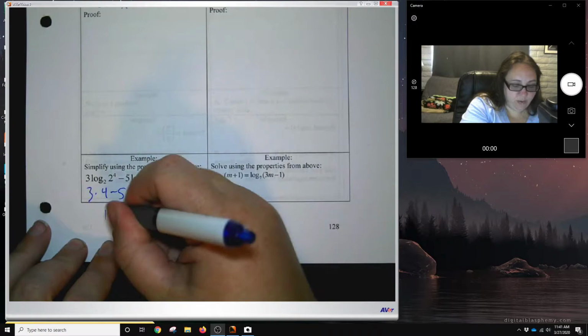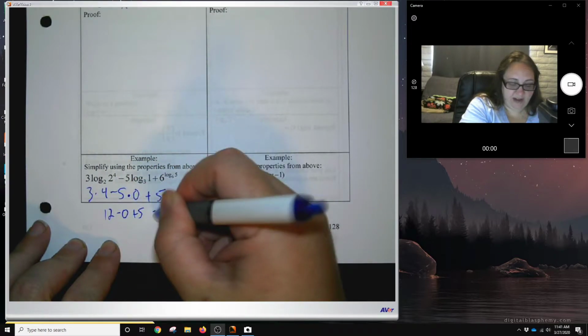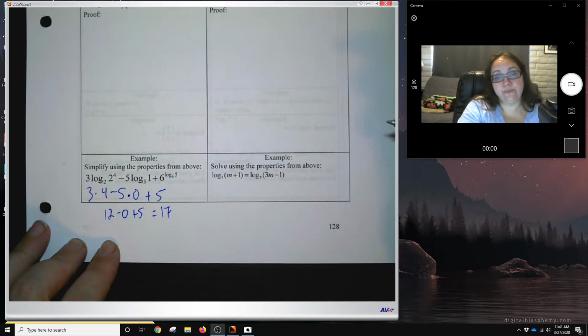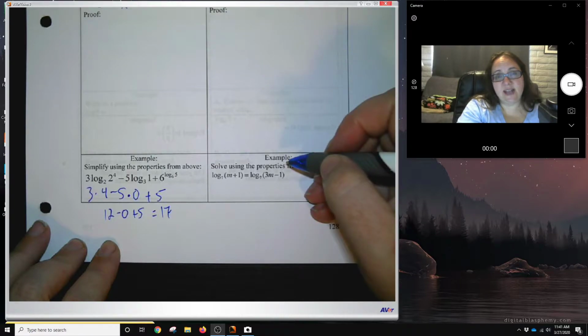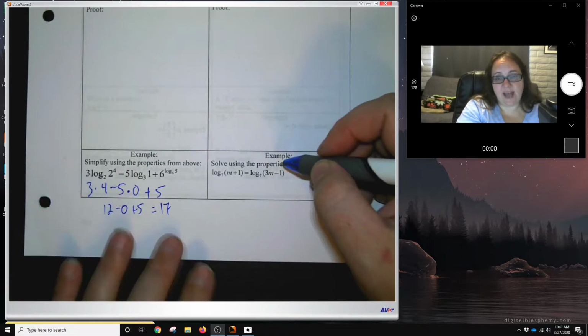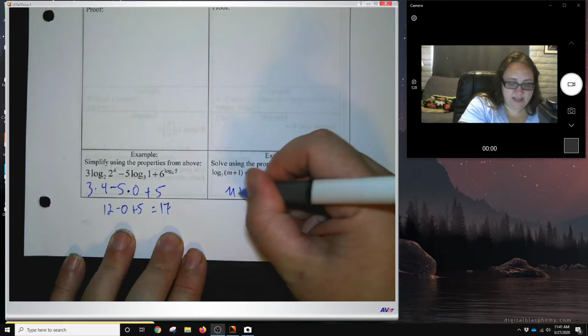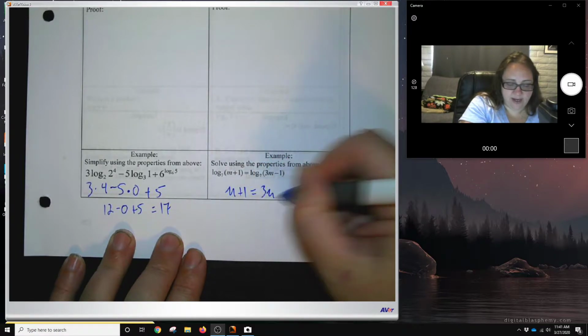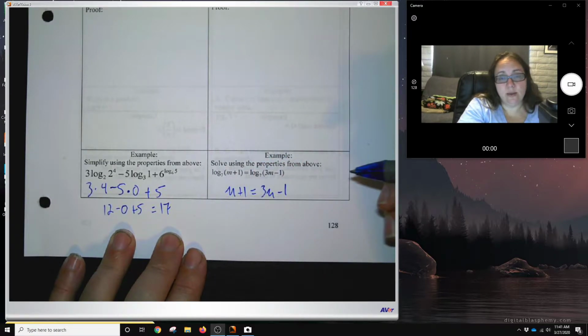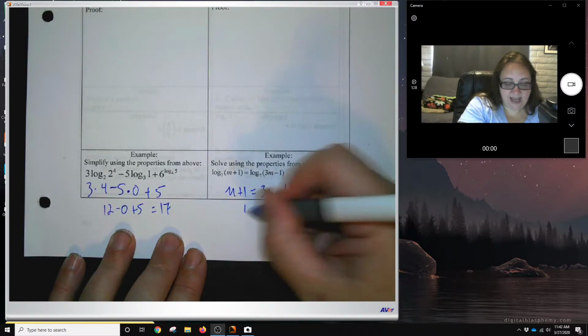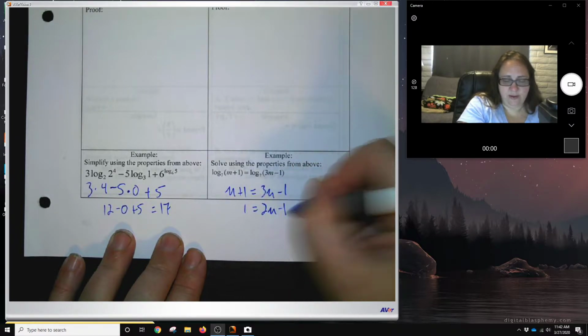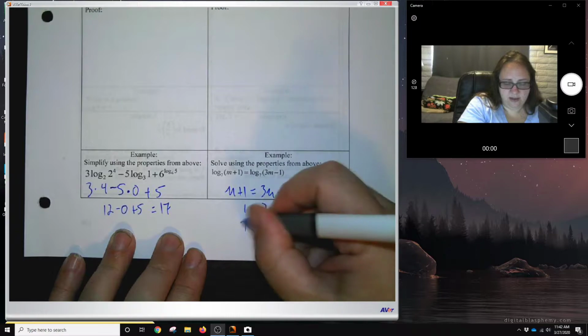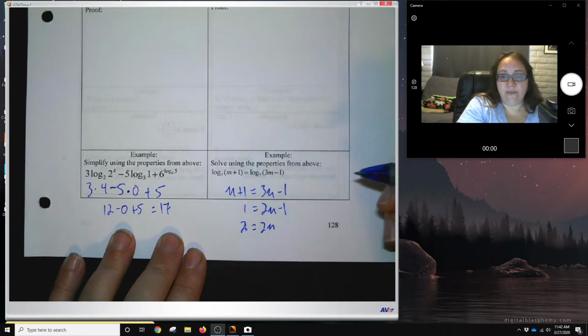So we wind up with 12 minus 0 plus 5, which is 17. And then on this side, since we have the same base on both sides, we don't need it. We just say m plus 1 equals 3m minus 1. I'm going to subtract the m and then add the 1 and then divide by 2.